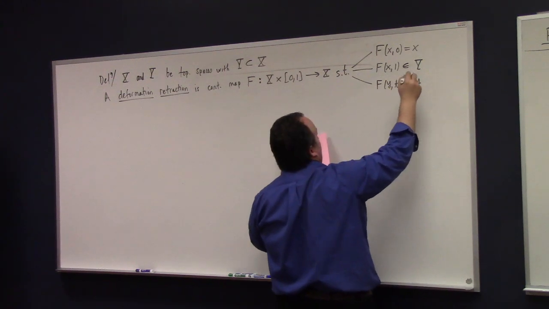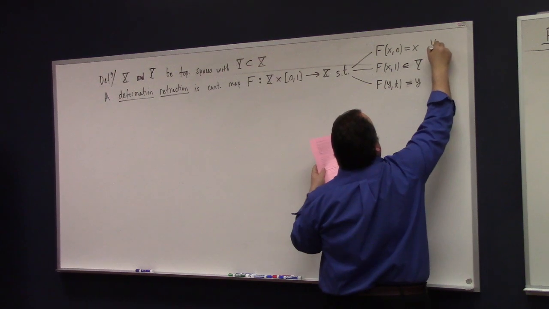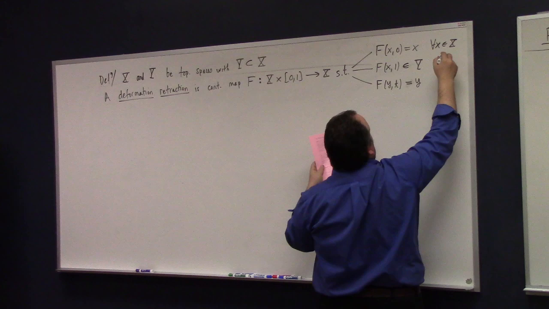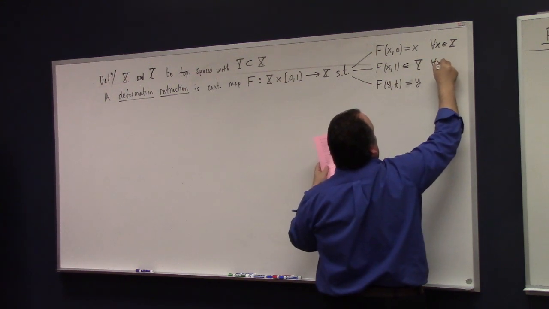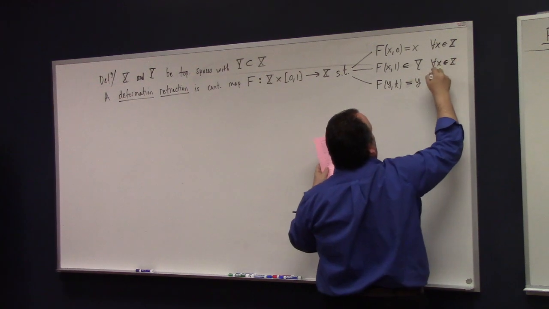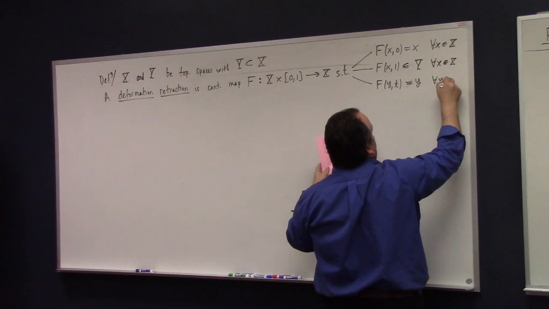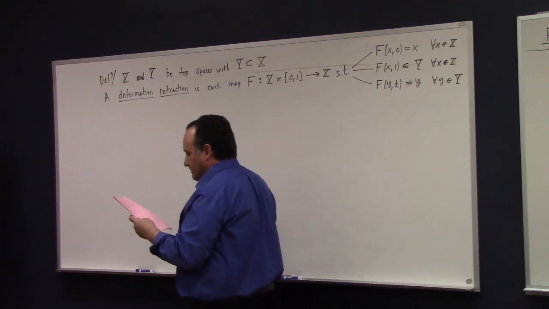Now he doesn't say, but this is for all x in x, I believe, and this is for all x in x, I'm pretty sure that's true. And this is for all y in y. I think that's what's meant there.